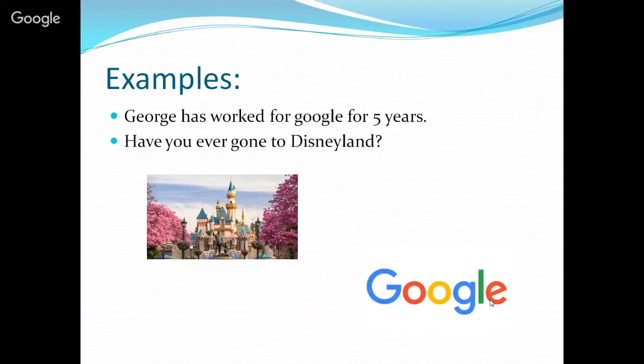He is a part of this company. In the next example, have you ever gone to Disneyland? I'm asking a question that refers to a past experience. And as you can see, the present perfect is formed with the auxiliary verb have and the past participle verb.